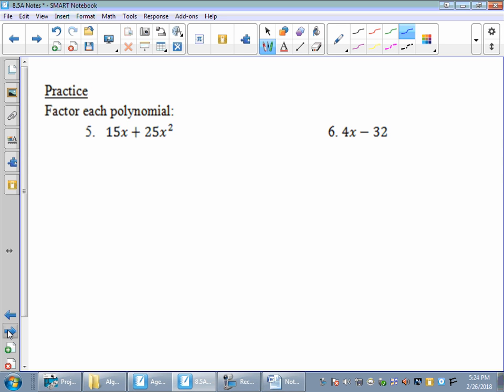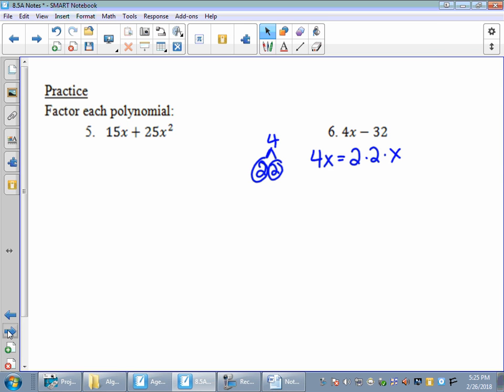If I do number 6 with a factor tree, I am going to have 4x. Well, 4 is 2 times 2. So I know that my prime factorization of 4x is going to be 2 times 2 times x. I could also look at my negative 32.